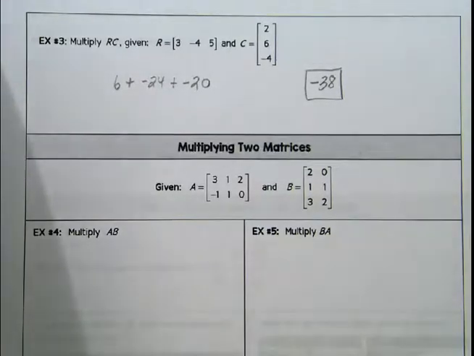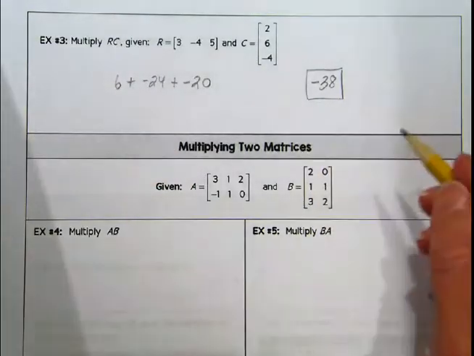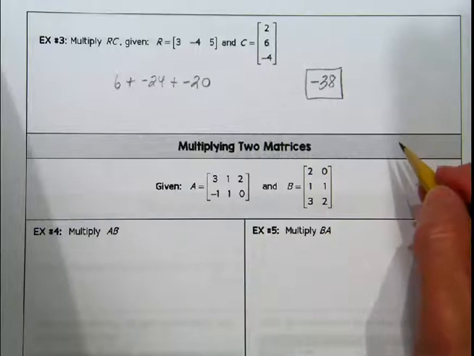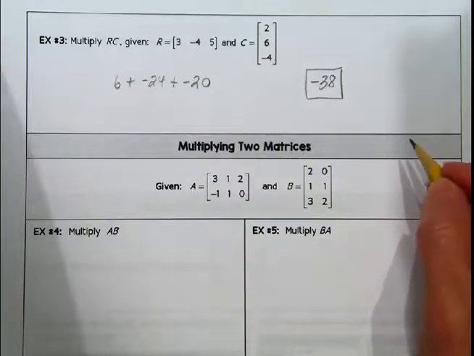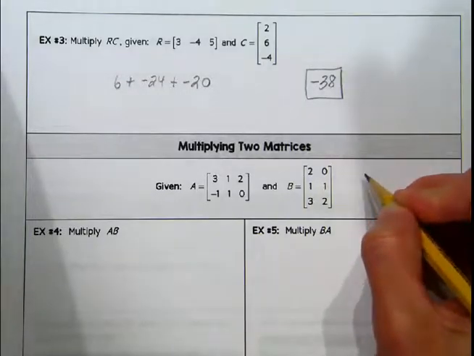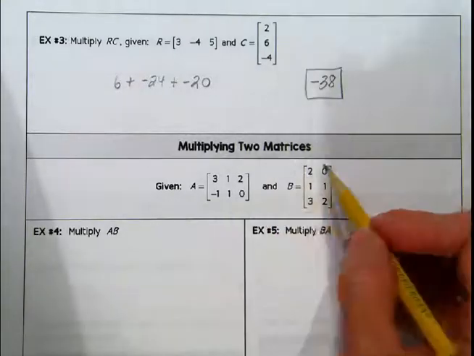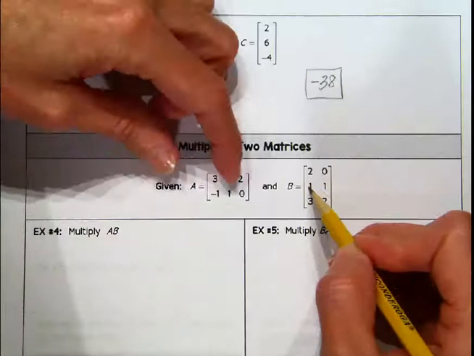If we multiply A times B, I'm going to have to switch this around a little bit. Actually, you know what? I got B times A. No, I'm going to go down like this, across.